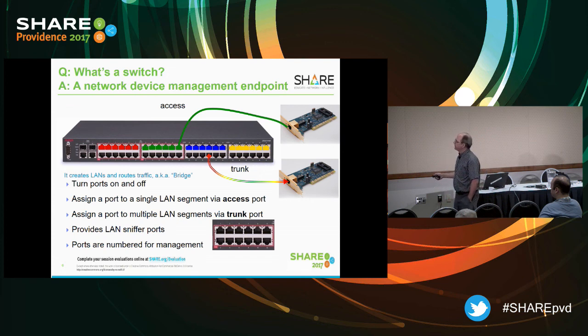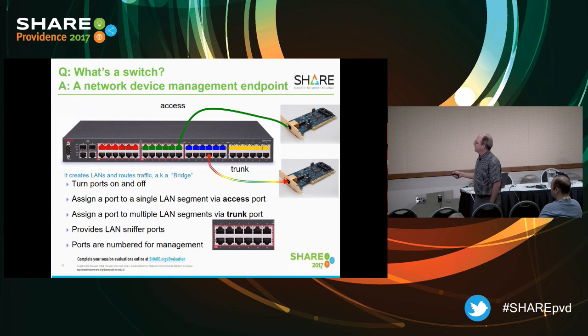Okay. Now, one other thing is that when it connects all these red ones together and the green ones together, it's performing a function that we call bridging. There's bridging and there's routing. Okay? Bridging is how I take these and connect them together within the same color.